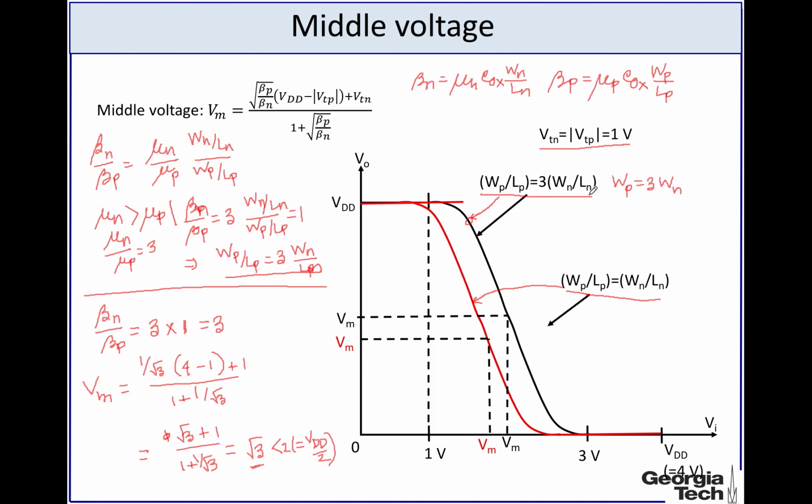And to make sure those are equal, we also said that the width to length ratio of the p-type MOSFET should be 3 times the width to length ratio of the n-type MOSFET. So there are two reasons as to why you would want the p-type MOSFET to be wider than the n-type MOSFET.